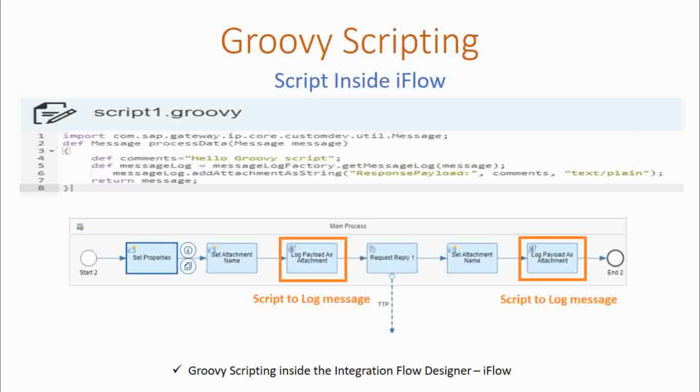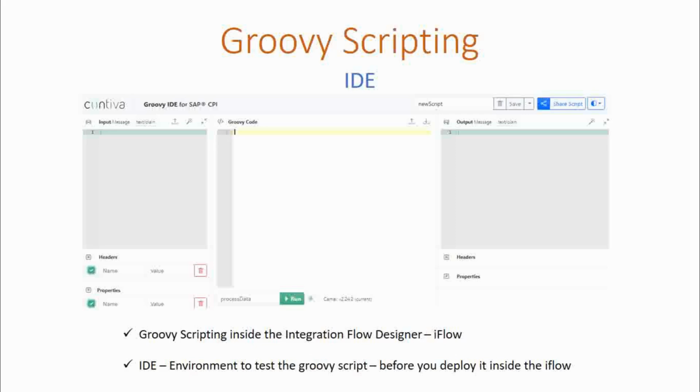In upcoming videos, we will take case studies one by one, how to process the incoming message using a Groovy script on many occasions. We'll take many use cases and test them here. Once it is completed, we will deploy it in the iFlow.